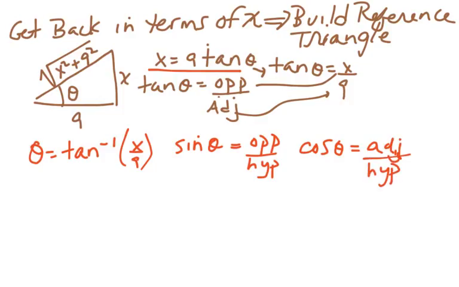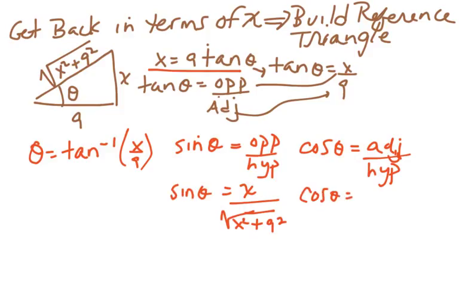So sine of theta in terms of the reference triangle is x over the root of x squared plus 9 squared. And cosine theta is the adjacent side, which is 9, over the hypotenuse, which is again the root of x squared plus 9 squared.